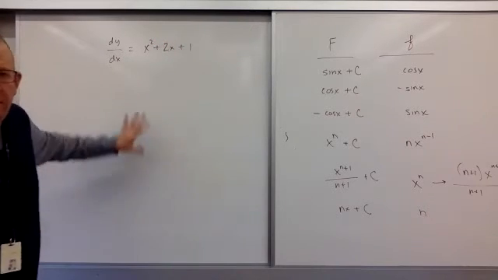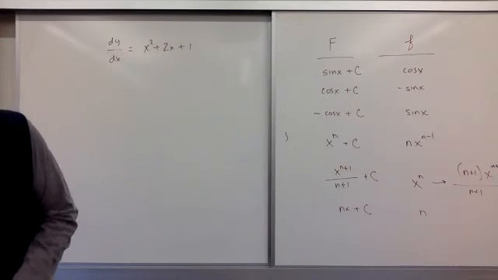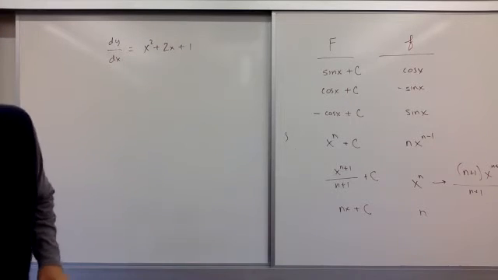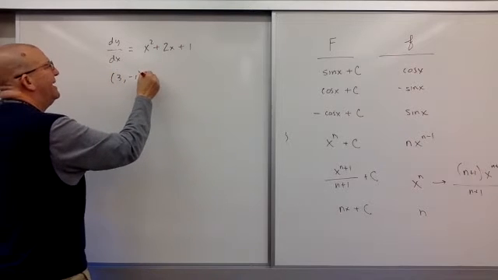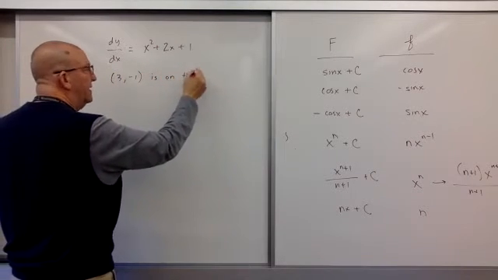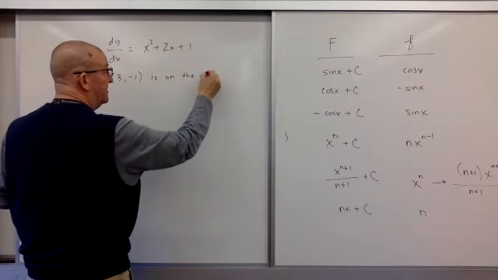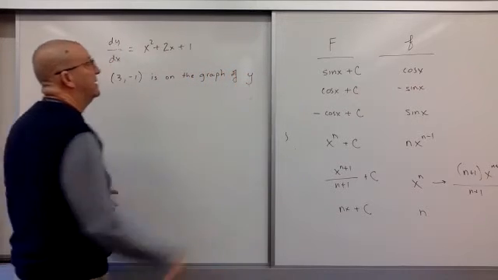Now, the y that goes with this is going to be a plus c. But I'm going to tell you that 3 comma negative 1 is on the graph of y.